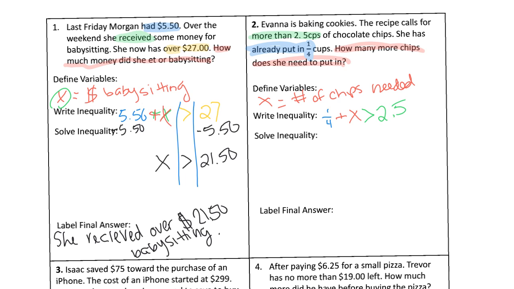Okay, so now we're going to solve this by drawing our river. This is a positive 1/4, so I subtract 1/4. And I'm left with X is greater than what? How much is X greater than? 2.25.